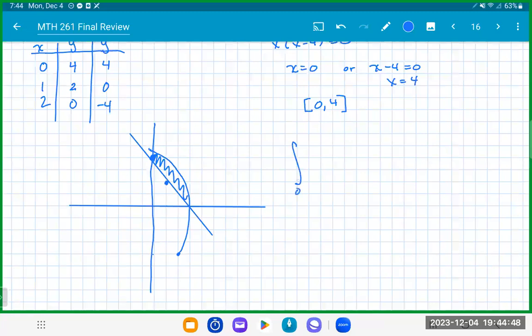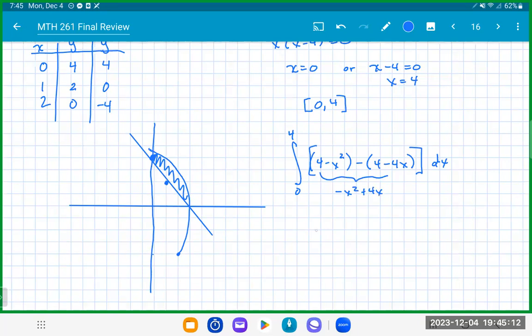So here we're doing the integral from 0 to 4 of 4 minus x squared. So it's our top equation minus our other one, which is 4 minus 4x, and all of that dx. Okay, so when we combine it into one, it is negative x squared plus 4x.